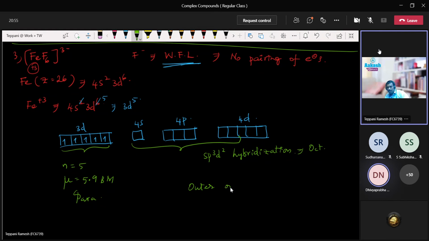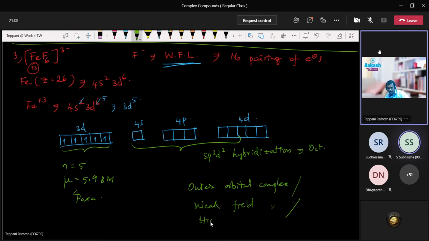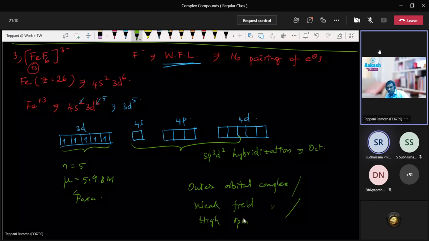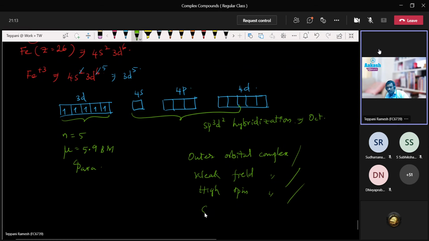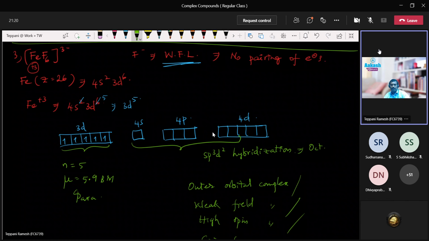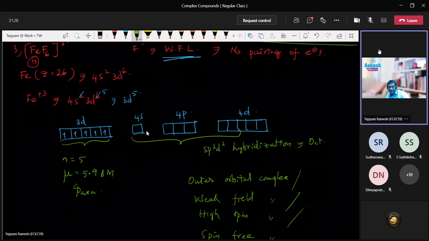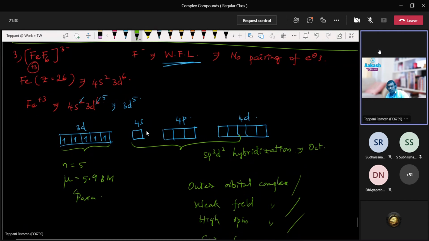Outer orbital complex, weak field complex, high spin complex, spin free complex. In these orbitals, fluorine will donate the electron pairs, those will be filled up. Okay, if you are showing or not showing, no problem. Write this.